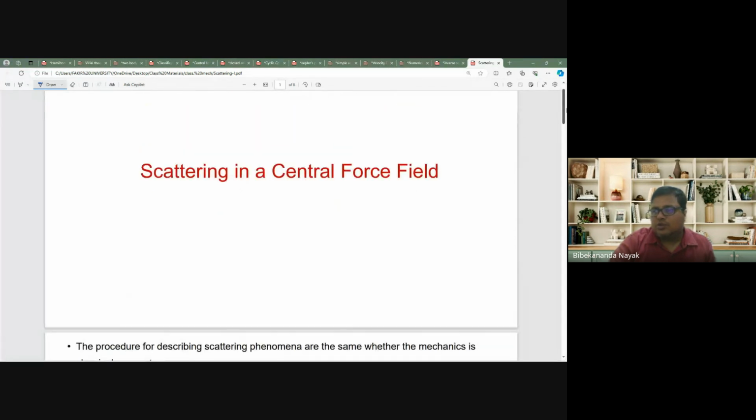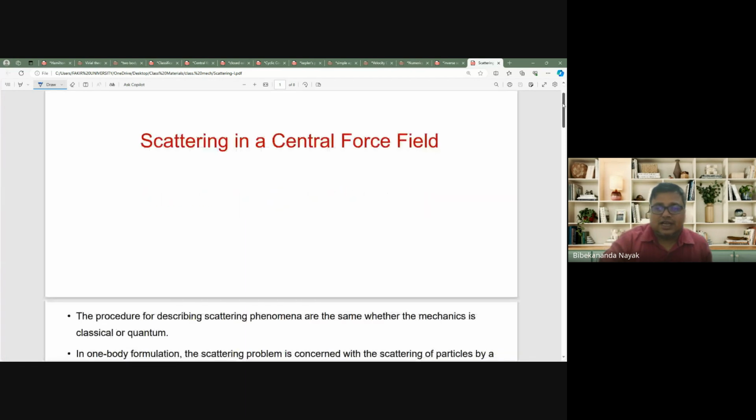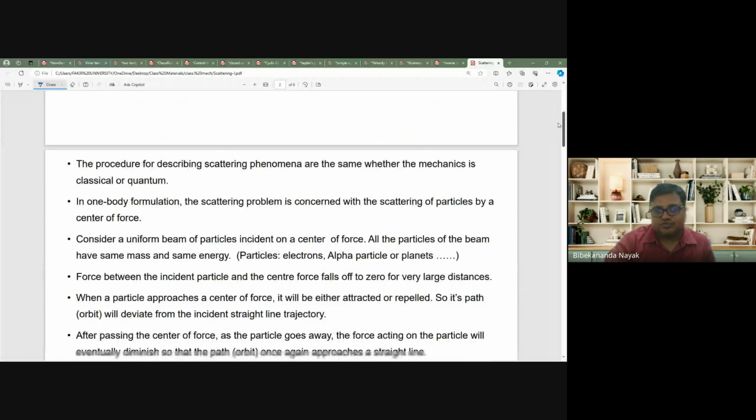You already know about Rutherford alpha particle scattering, which actually gave the confirmation of the nucleus. The existence of the nucleus is confirmed by Rutherford scattering. We can calculate or do its mathematical part.